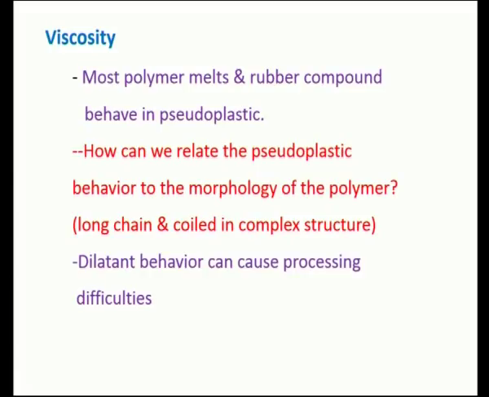Any polymer has long chains, and these long chains are coiled and form more complex structures. That is the reason for the pseudoplastic behavior. And with respect to dilatant fluid, with the increase in shear rate, the viscosity will increase. Therefore, a dilatant system will have more processing difficulties.